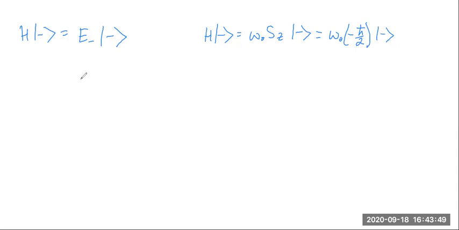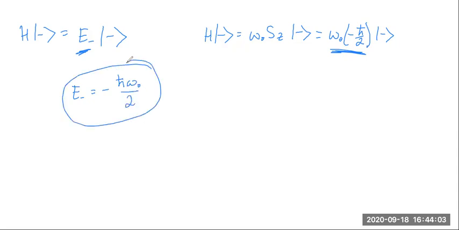So E minus has to be equal to minus h bar omega naught over 2. Those are my two setups. I have my minus signs, and it also means that the eigenstate associated with E minus is the same as the spin down in the z direction, which is particularly helpful.